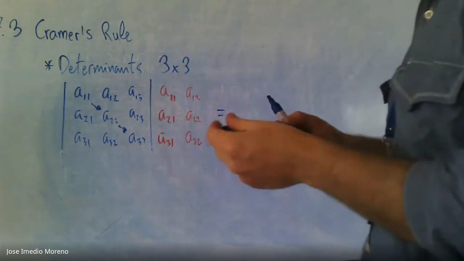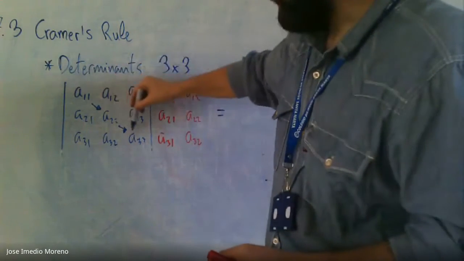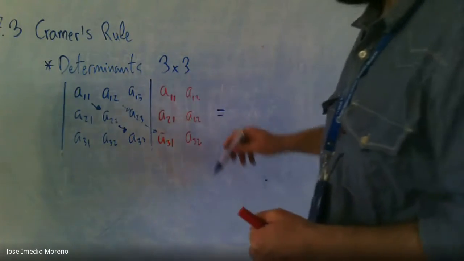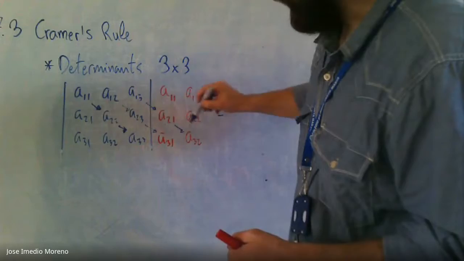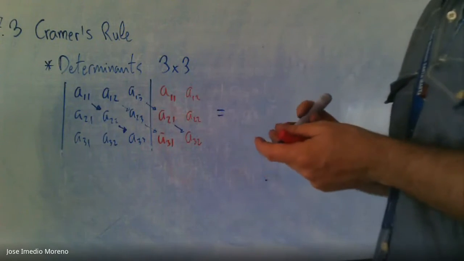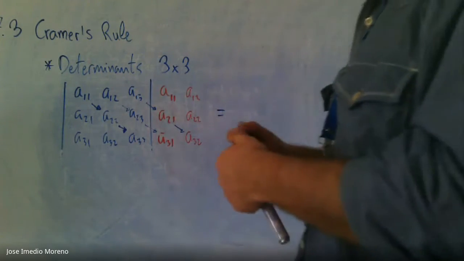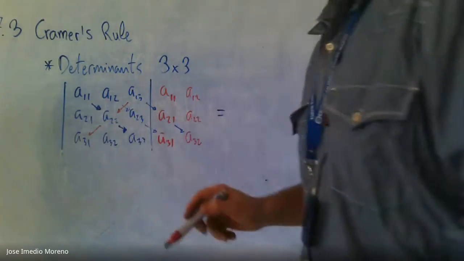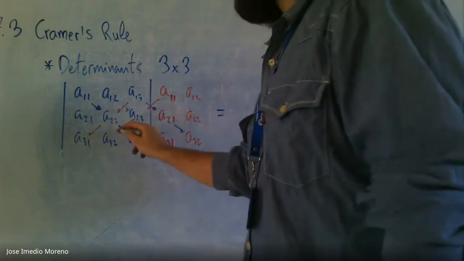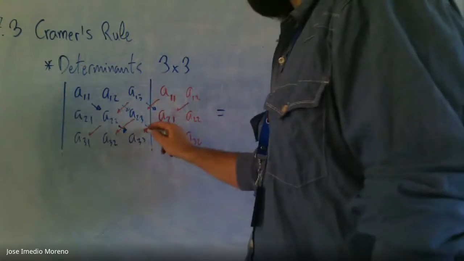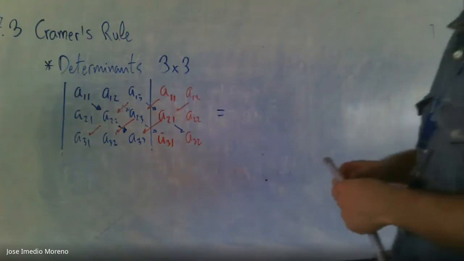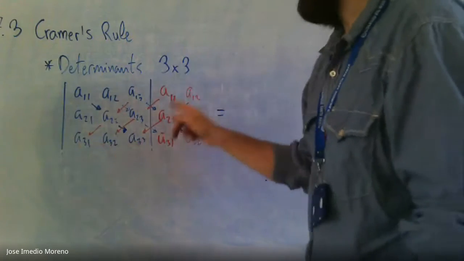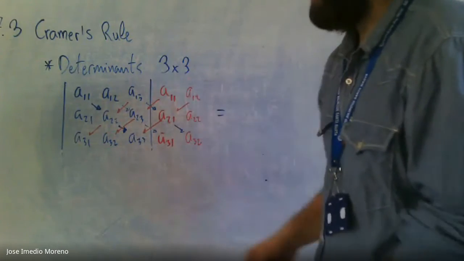The first main diagonal is this one, the second is this one, and the third is that one. Then the secondary diagonals are this one, this, and this.